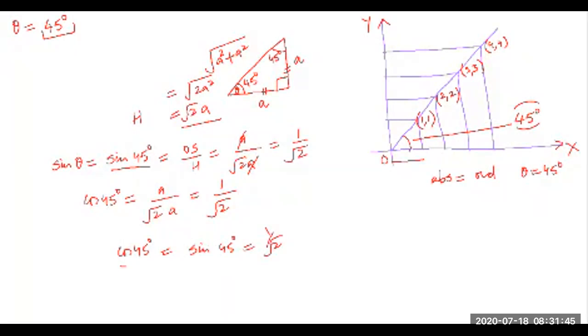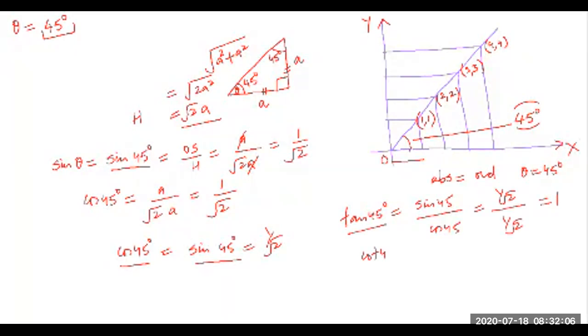Once you know cos 45 and sin 45, you can find all other trigonometric ratios, like tan 45 is equal to sine 45 by cos 45, and that will be equal to 1 by under root 2 divided by 1 by under root 2, which is equal to 1. Now cot 45 is reciprocal of tan 45, will also be 1.